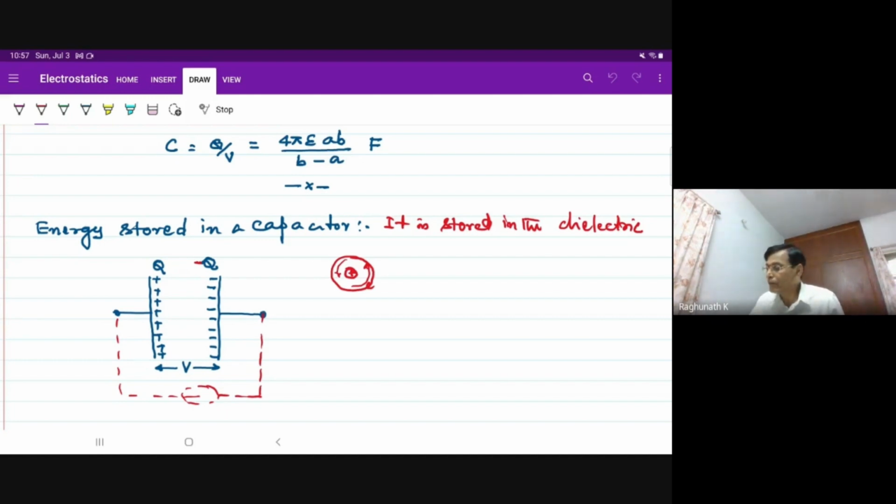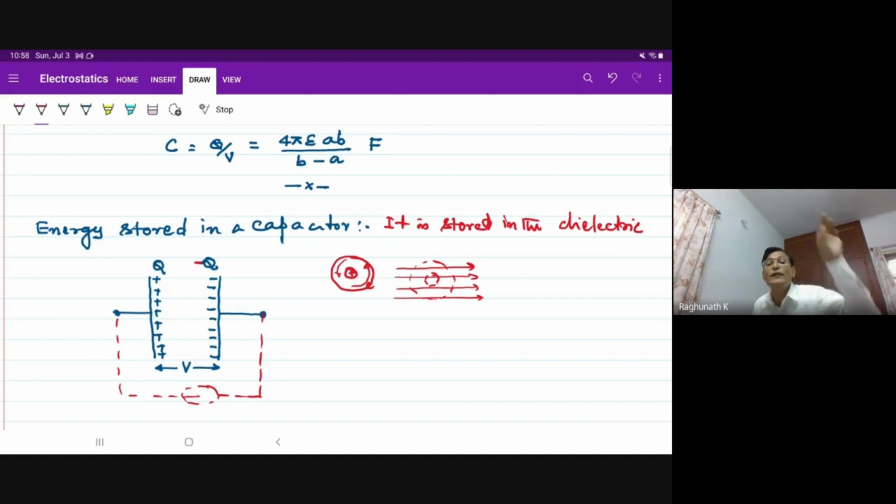But when it is kept in the field in this particular direction, what will happen? The positive charge moves in the direction of the field, and the negative charge moves in the direction opposite to the field, because field lines are drawn taking the force direction, the force experienced by the positive charge. Earlier, as I showed, this is the negative charge, this is the positive charge.